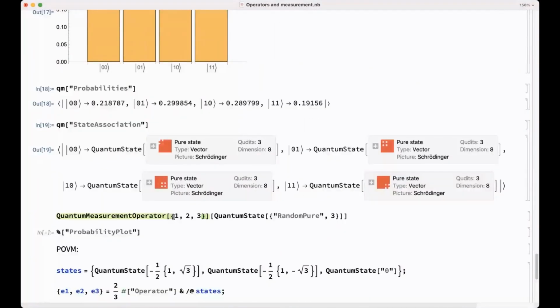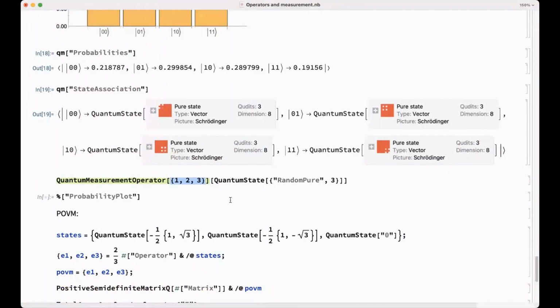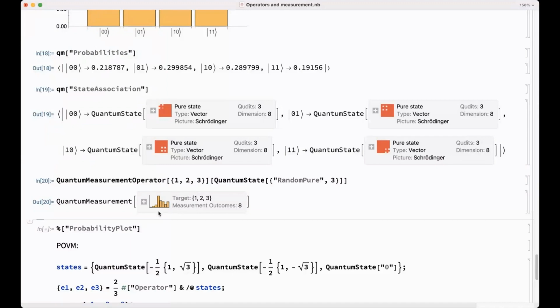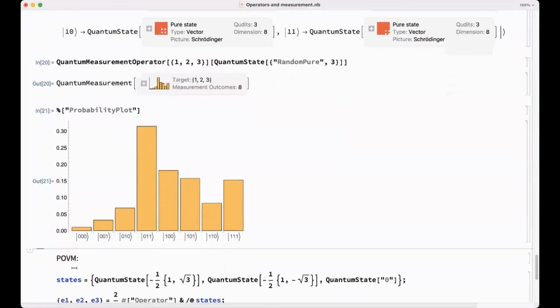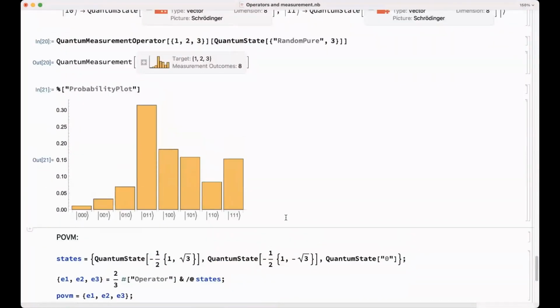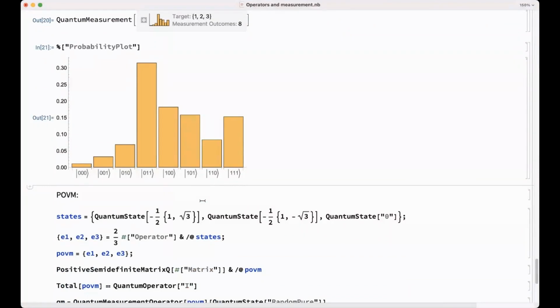Another approach is just measuring all of them. And of course, this time when we look at the probability plots, we are going to get 8 different results that correspond to your measurement. But anyhow, one interesting feature about measurement is that in our framework, you can do a sequence of measurements.